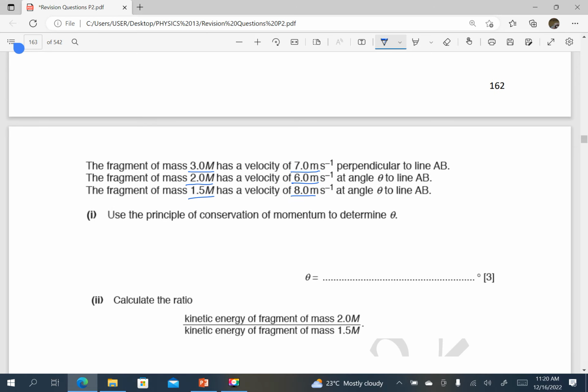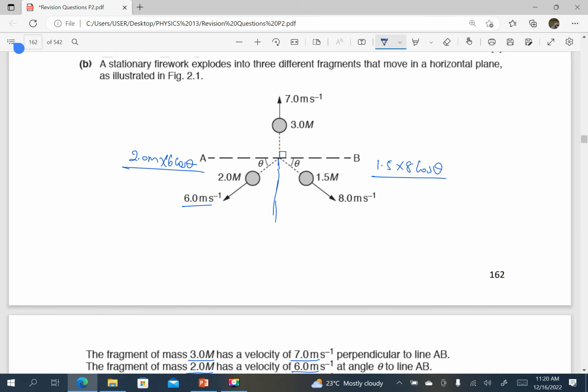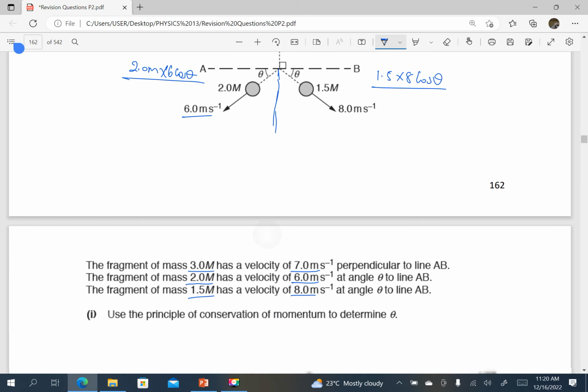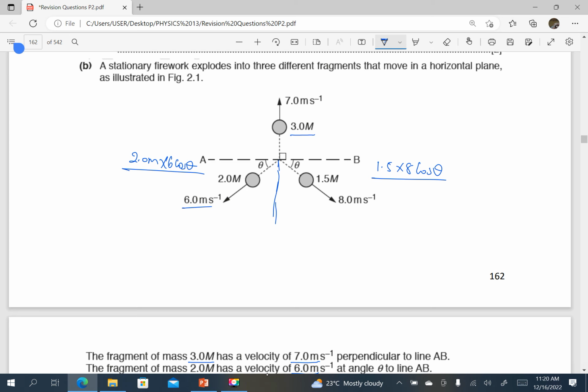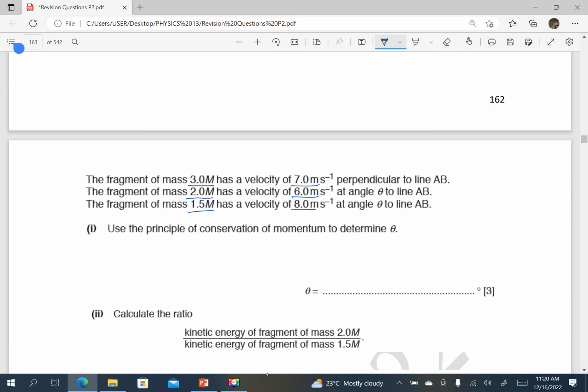So we are now going to consider conservation of momentum in the vertical. Momentum should also be conserved vertically. In the vertical upwards, we have momentum, which is mass times velocity.